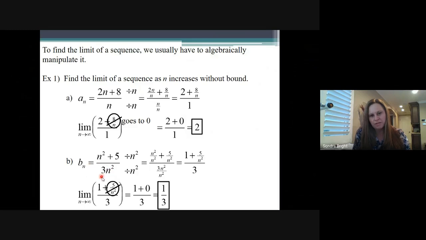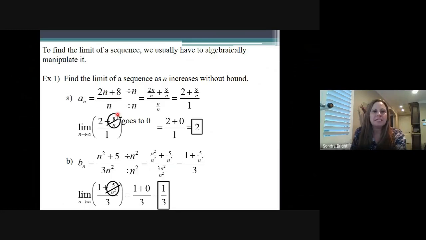It's the same thing. Your horizontal asymptote is kind of giving you what the limit would be if it was a function. But this is the work involved to show why it is that way. It will always be that when the degree on top of the variable is the exact same as the degree on the bottom, your limit will be the leading coefficients on just the variables that have the same degree.